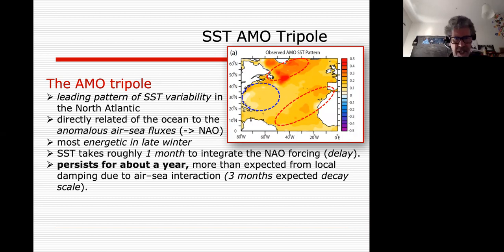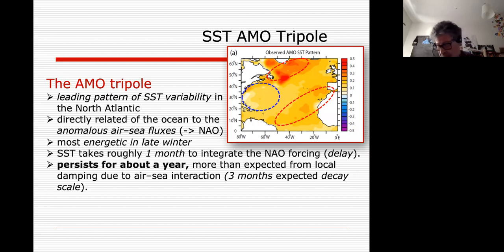And these anomalies can produce changes in air-sea fluxes and also in the SST property. There is an important issue.